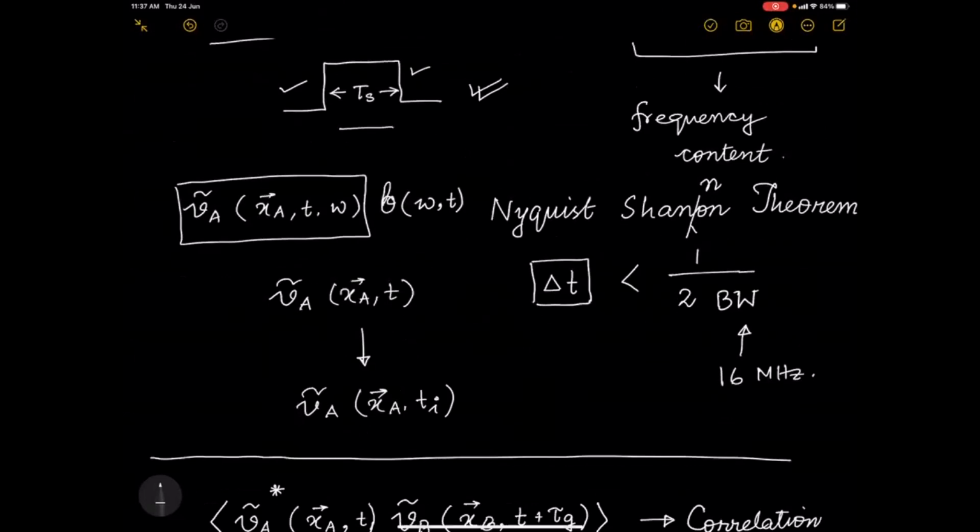Now, if I am observing at 1 gigahertz, I really don't need to sample the signal at 1 gigahertz. So if I just try to draw a frequency line here and some amplitude of the signal on the y-axis, and say I want to observe at 1 gigahertz, over a small window over there.